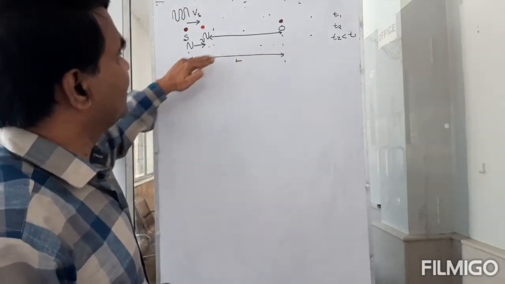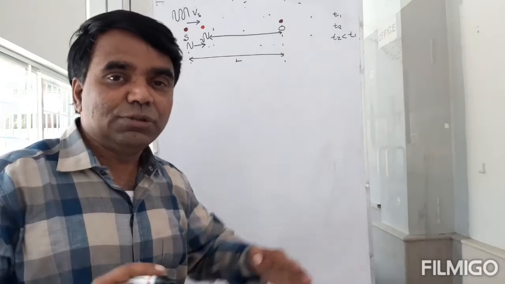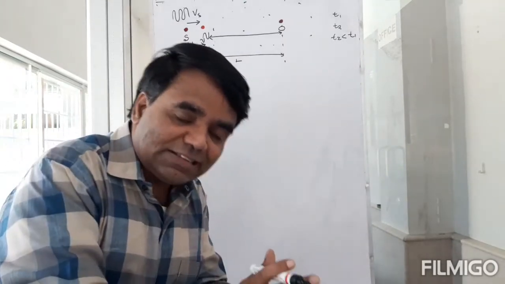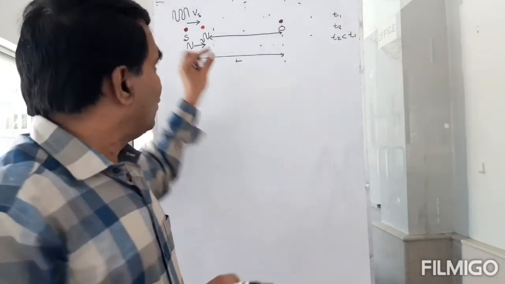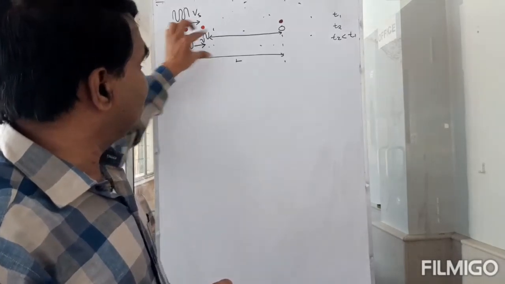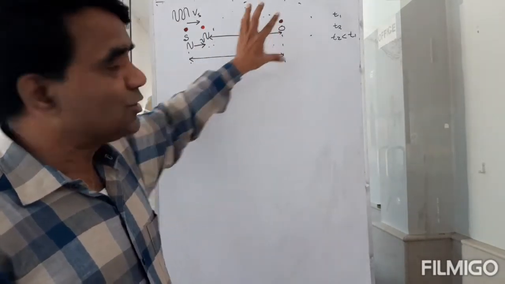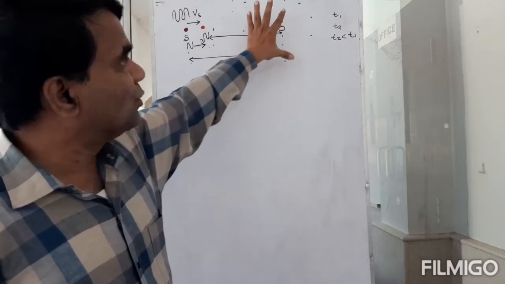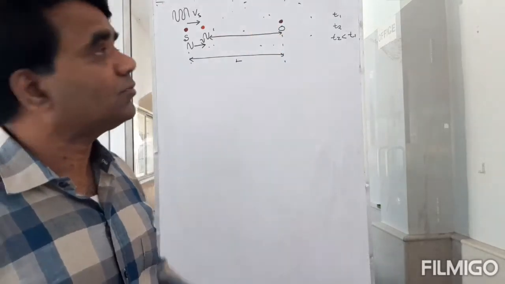Yeah, the first pulse will take some time to reach you, but then the next pulse will also take the same time to reach you. So whatever time difference exists here will exist here. So whatever frequency is produced, you will receive it in the same frequency.